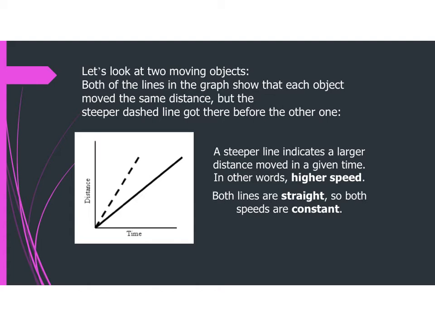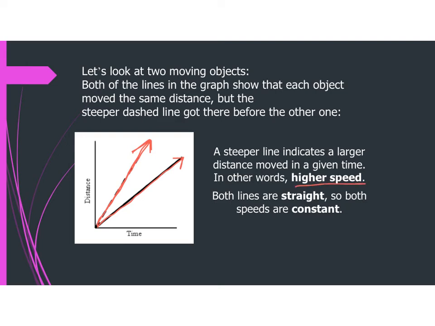Now, let's look at this graph. You notice this is the same line from the previous slide. But we're going to show you this dotted line in particular. Why is it like that instead of being the same line? Well, the actual angle of the line, or how steep it is, tells you that you are going a further distance in a short amount of time.